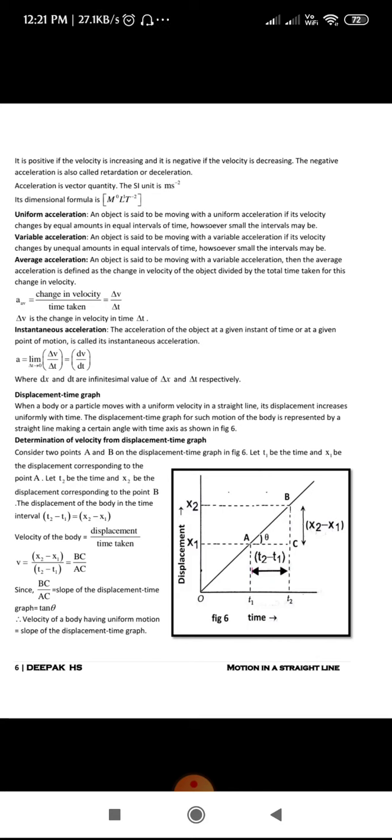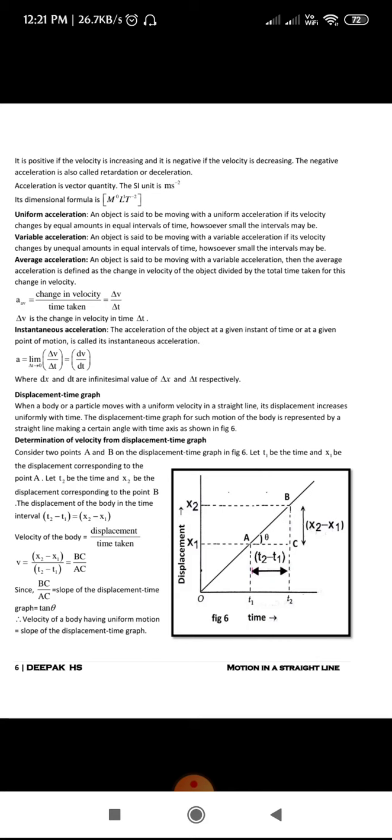Where the change in velocity is equal in equal intervals of time, we call that uniform acceleration.